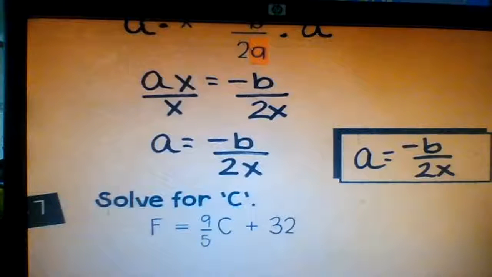Okay, watch what I do. Take this fraction, flip it. If I flip this side, I flip this side.